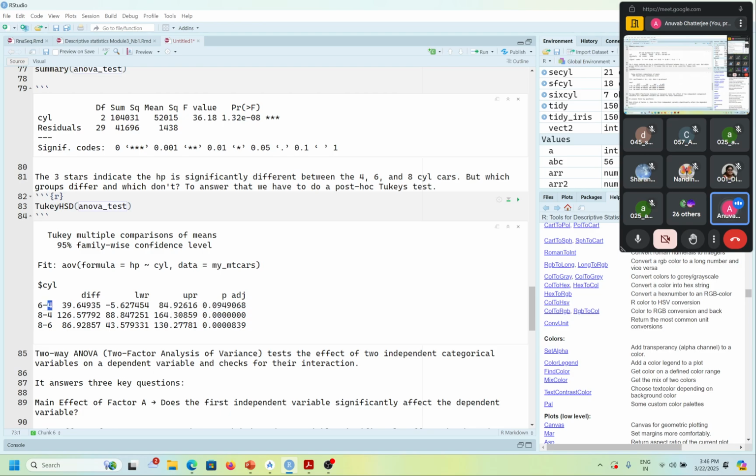So the HP between 6 and 4 cylinders is not different, which ANOVA didn't tell us. But between 8 and 4 cylinders and 8 and 6 cylinders, you see that it is less than 0.001 even. So 8 and 4, and 8 and 6, these two groups are actually different from each other, which you get from the Tukey post hoc test. So 6 and 4, these two HPs are not different. 8 and 4 and 8 and 6 are different from each other.